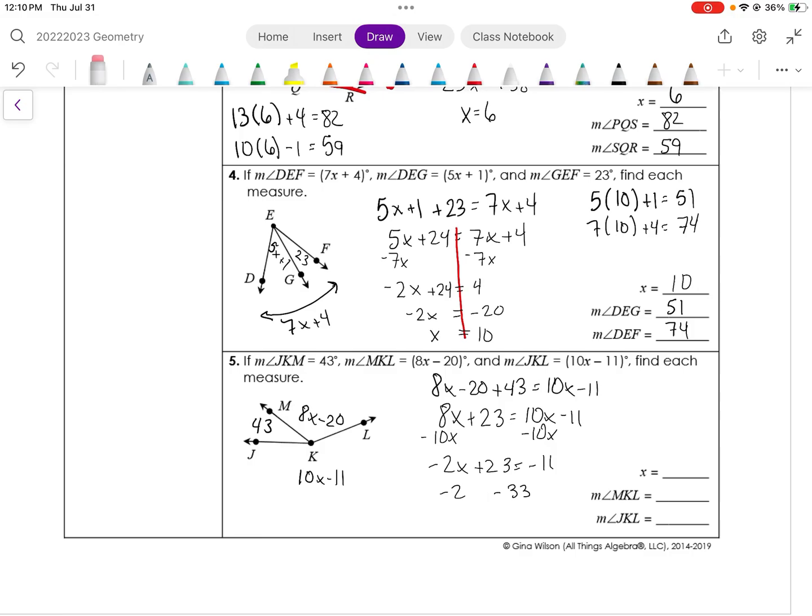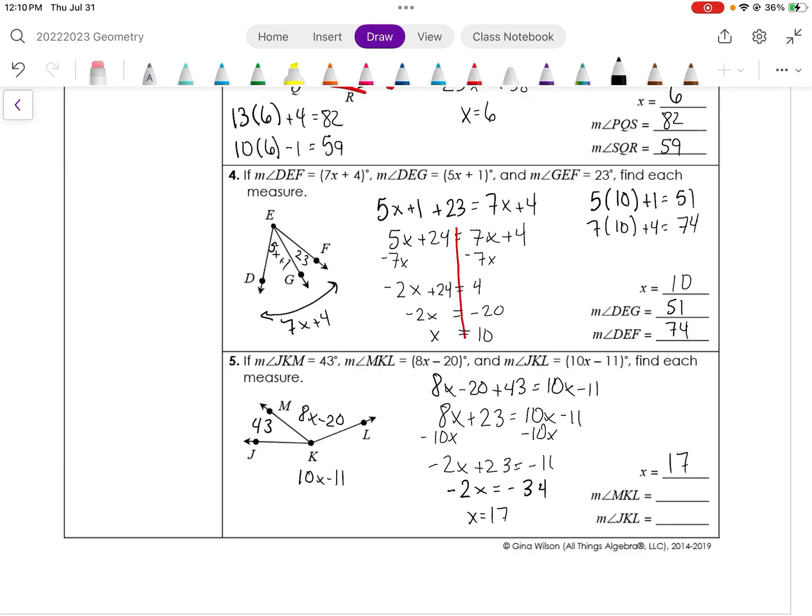Hold on, what have I done? I'm so goofy. Okay. It's supposed to be 2x. I'm subtracting 23. That's my bad. You know what? My goodness. Start over from right here. Hold on. This was negative 2x equals negative 34. Good grief. Okay. Negative 34 divided by negative 2 is 17.